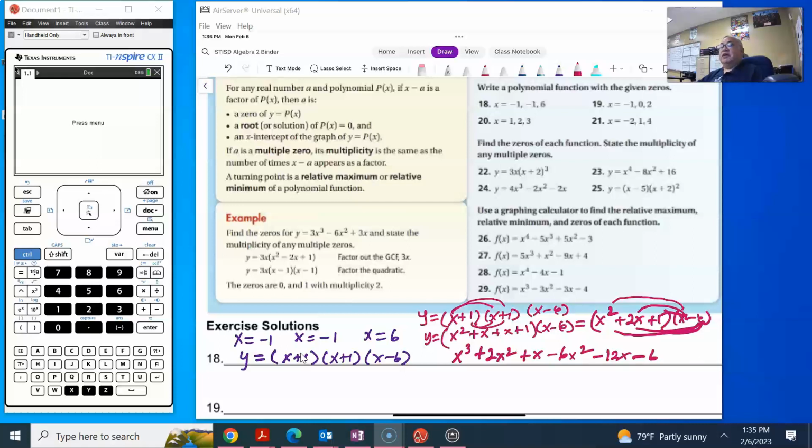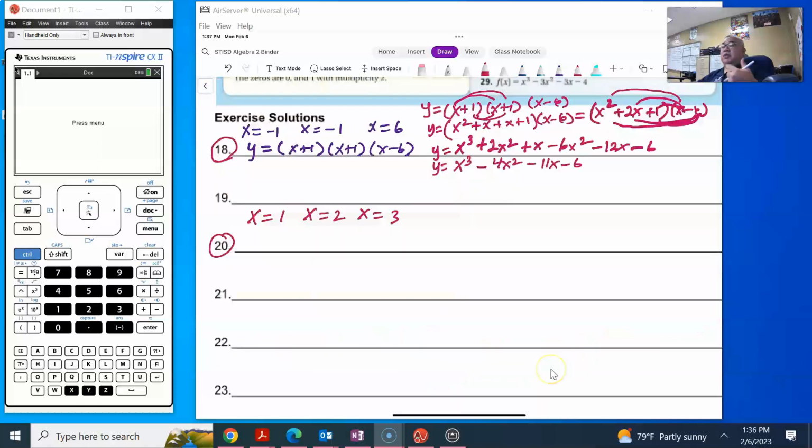And now I've got to simplify. So it's x cubed minus 4x squared minus 11x minus 6. So that is your polynomial. It's a cubic polynomial.